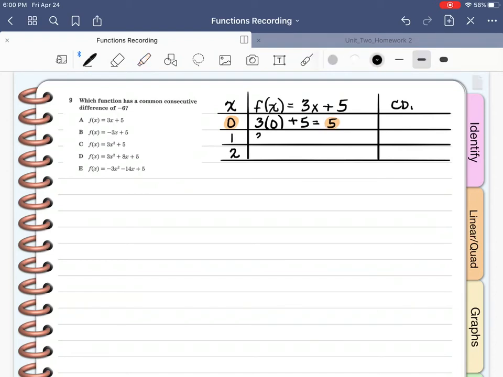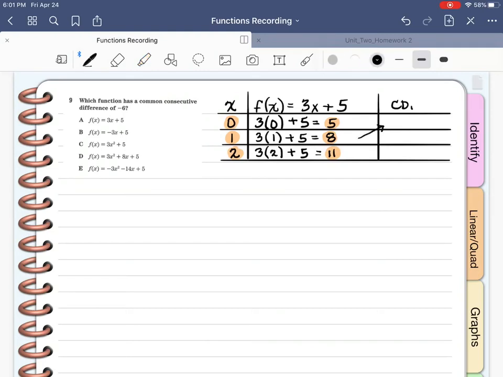Okay, at 1 we get 3 times 1 plus 5. That's going to give us an 8. So again, here's the input, here's the output. And then at 2, I get 3 times 2 plus 5 is 11. And again, input, output. So let's get our consecutive difference.